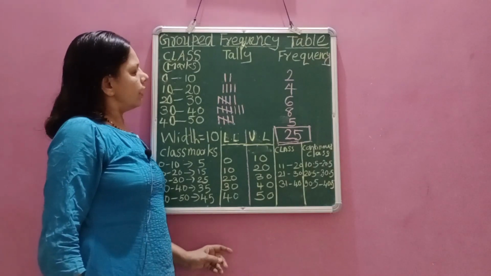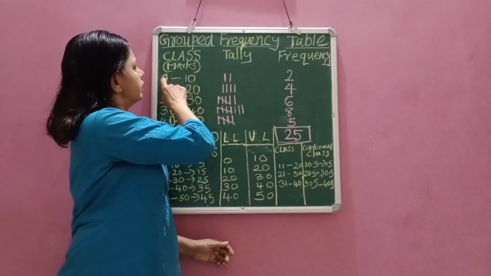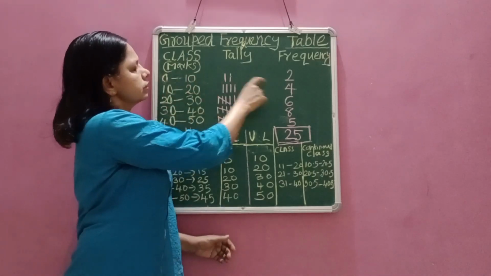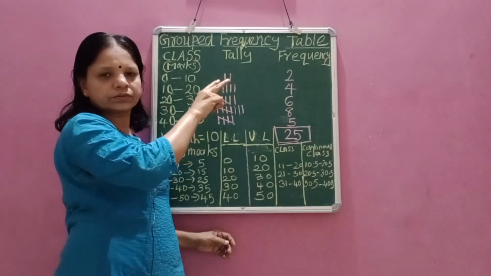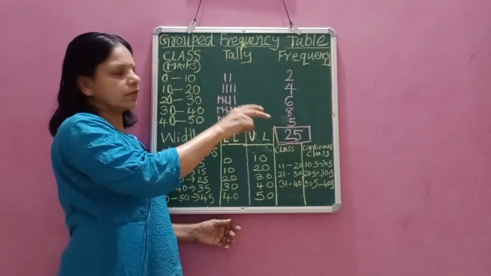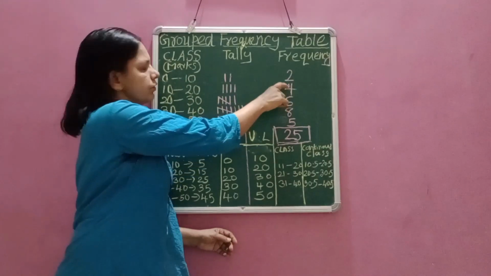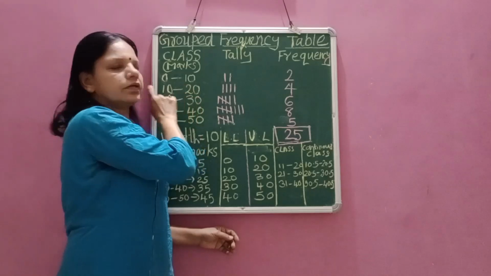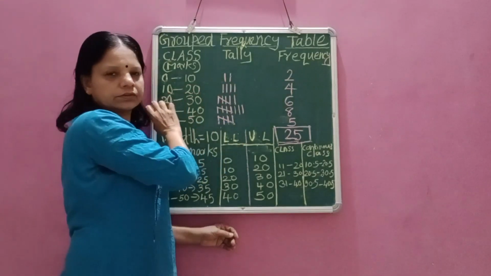And here what does it mean? 0 to 10, the frequency is 2. There are two scores, two numbers in the data between 0 and 10. Here 4 means what? Between 10 and 20, there are 4 marks.